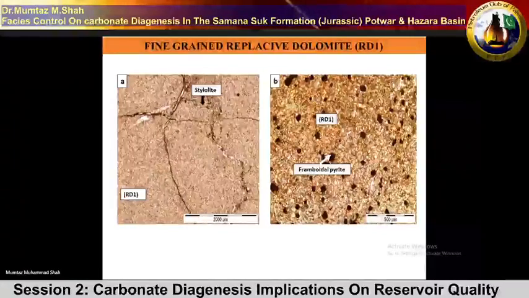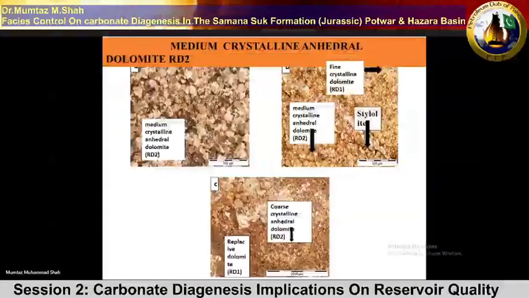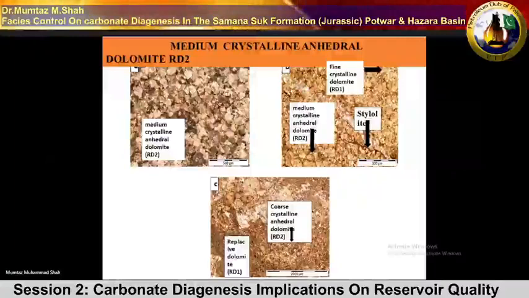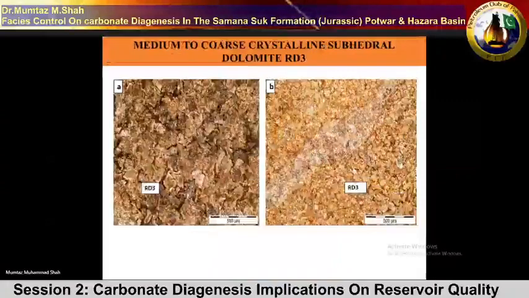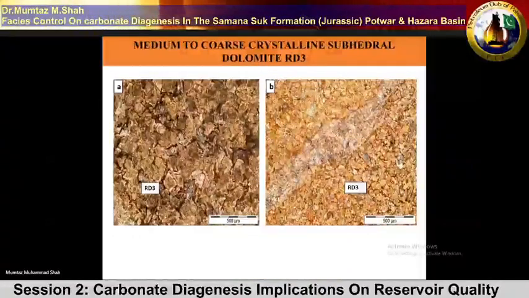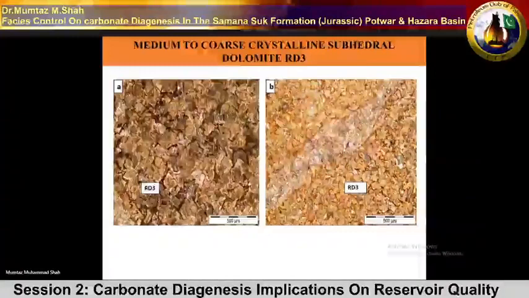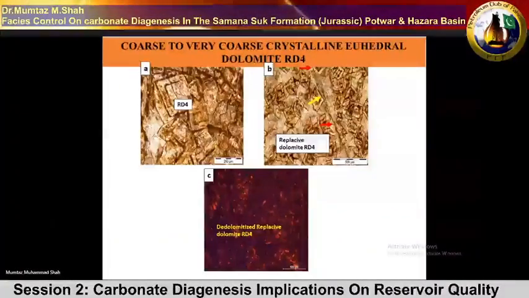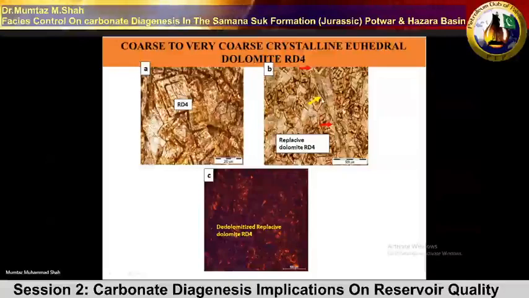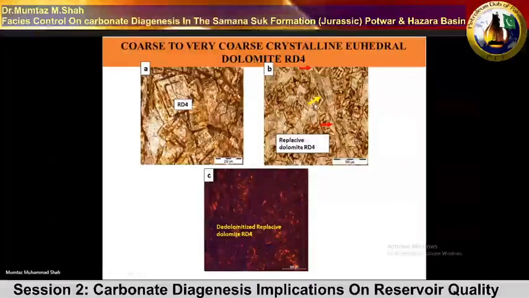So just skip most of the phases we have already discussed. Some medium to coarse grain subhedral dolomites can be seen over here. This is again the phenomenon we already talked about, how the rims of the dolomite can be replaced or affected by the process of de-dolomitization whenever we have calcite cementation in between.